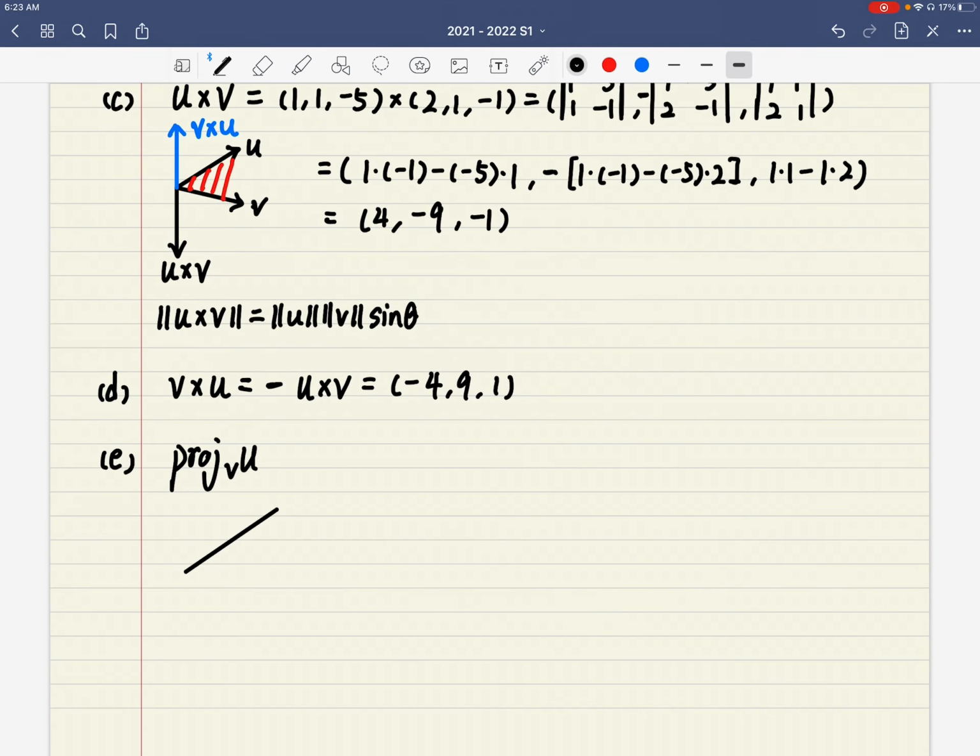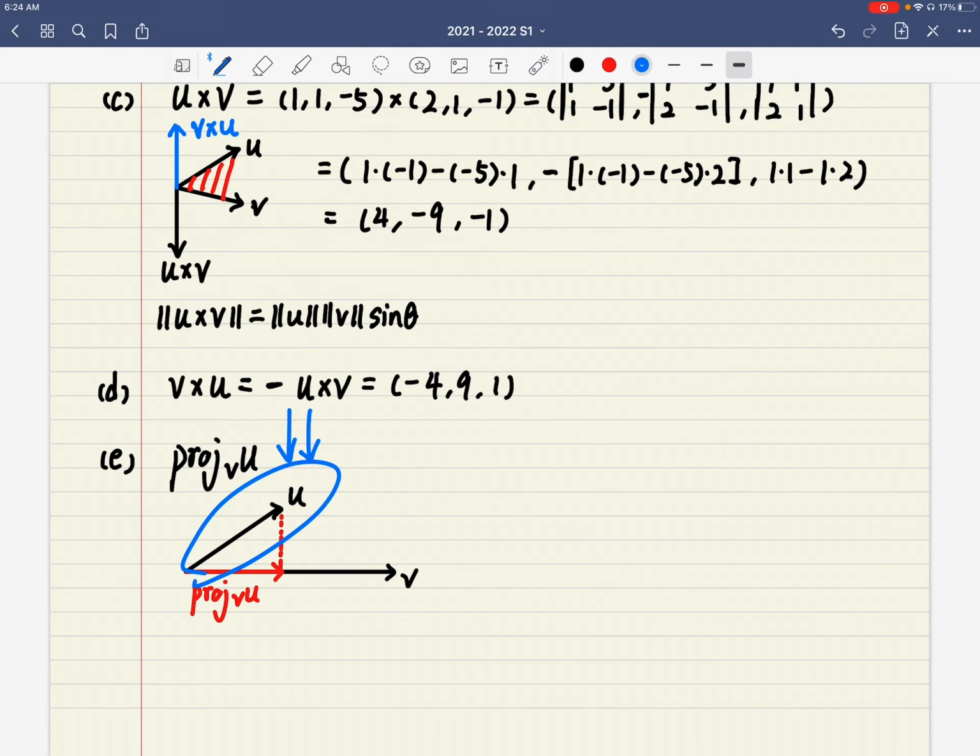Right, this is the projection of U on V. This red vector is a projection of U on V. It's just like if you are this guy leaning forward, and the sunlight is from right above you, and then what's your shadow on the ground? This is going to be the shadow on the ground.